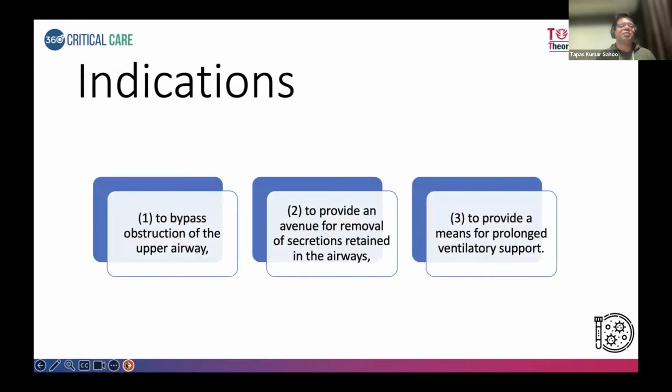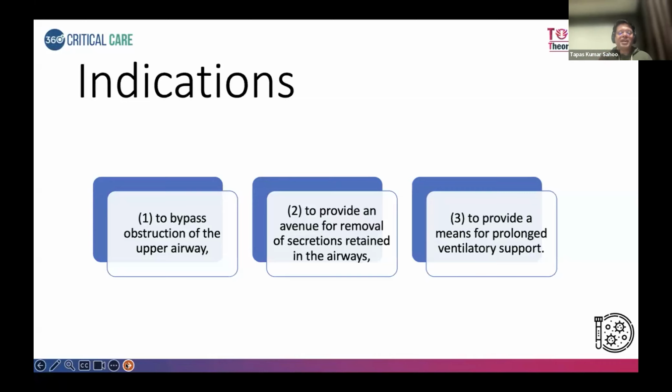Now, what are the indications of tracheostomy? The first thing that you have to write in your question, if it comes, is three indications normally. One is to bypass the obstruction of the upper airway. So you are not going through this route, you are directly entering through the trachea.